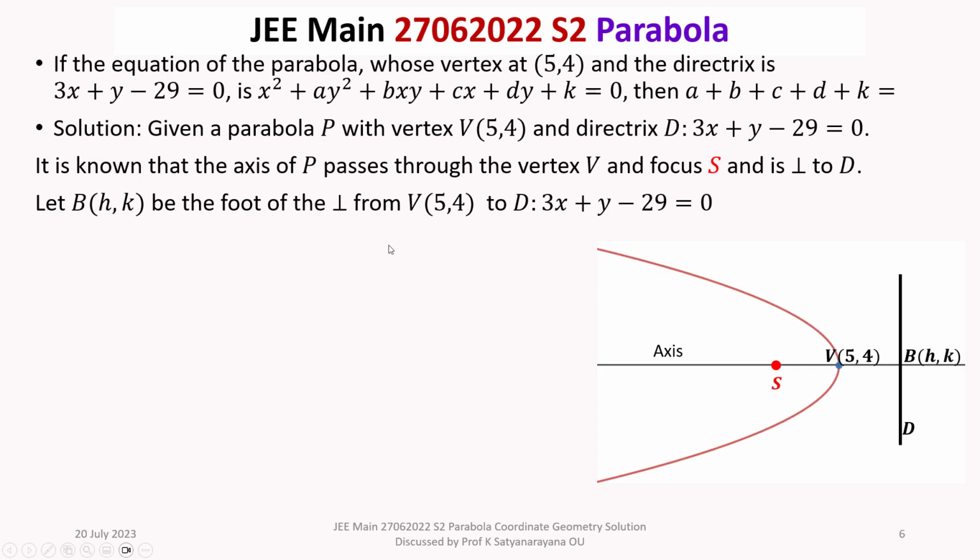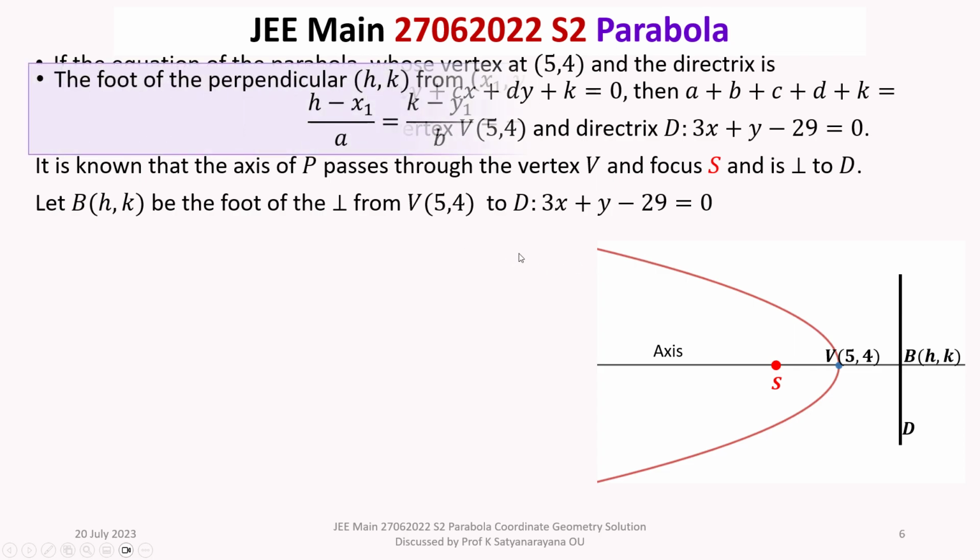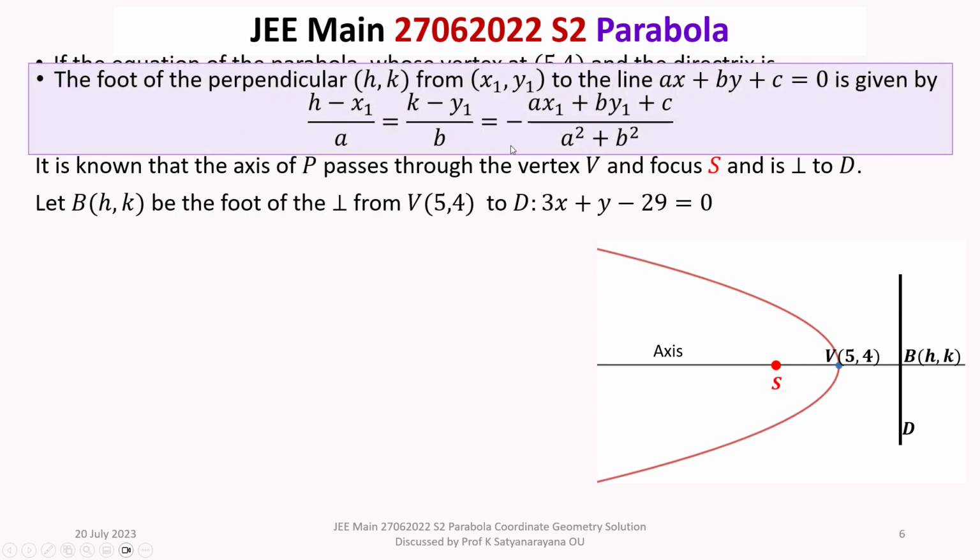Now to find (h, k), we recall a result that we have studied in our geometry class: the foot of the perpendicular (h, k) from the point (x1, y1) to the line ax + by + c = 0 is given by (h - x1)/a = (k - y1)/b = -(ax1 + by1 + c)/(a² + b²).